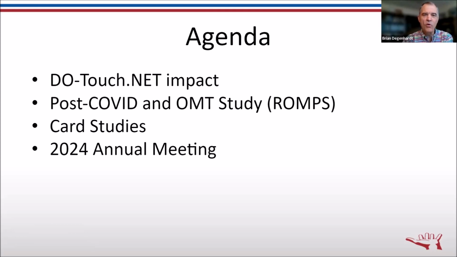In the last quarter, I've been able to participate in 2 significant conferences. I'd like to give you some impression of the impact that we're having abroad. Then we'll look at our various studies that are going on and our upcoming meeting for 2024.